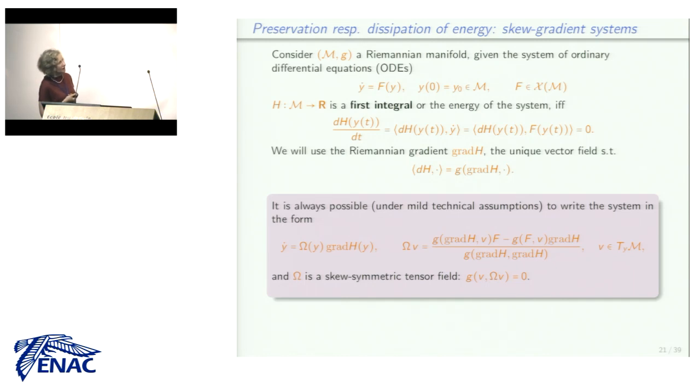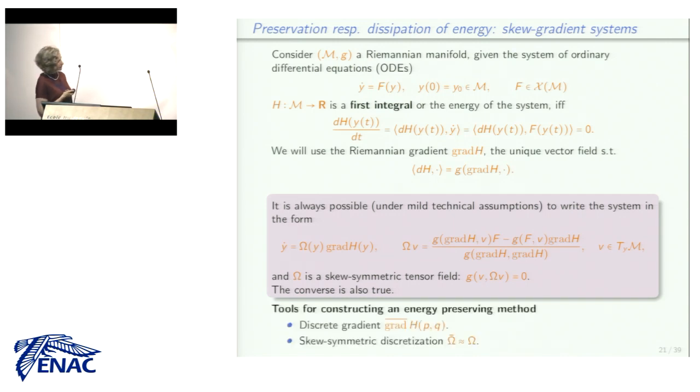In the Euclidean case, this is simply the usual gradient, and this is simply a skew-symmetric matrix. You can easily prove also that if your system is in this form, then you have energy conservation. What do you do to design a method for this sort of problem that preserves the energy? Well, the recipe is as follows.